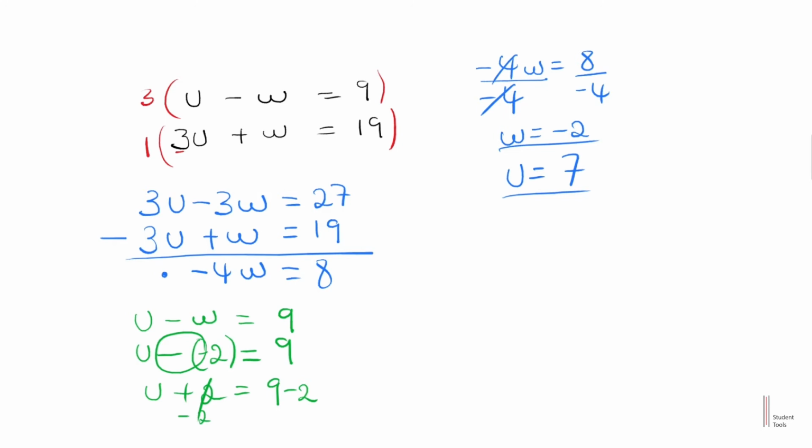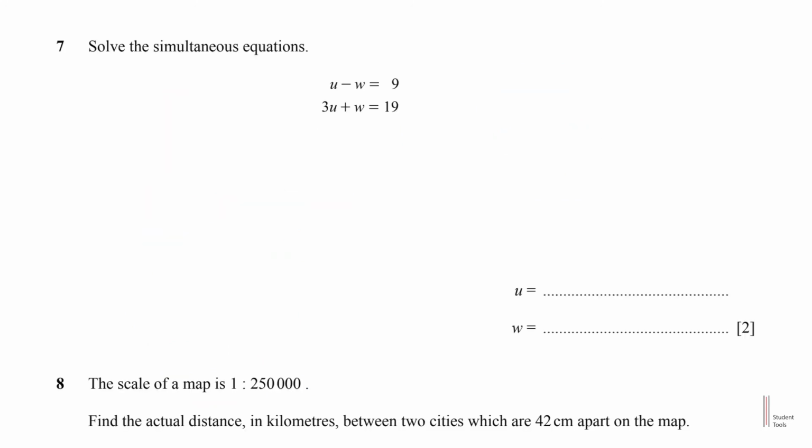Next, we have question 8. Question 8, the scale of a map is 1:250,000. So that's the scale.